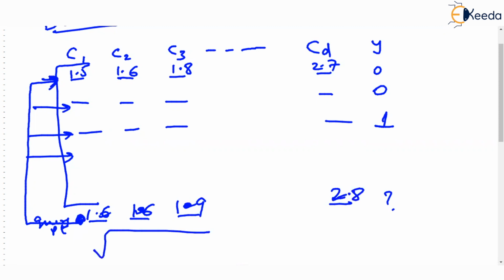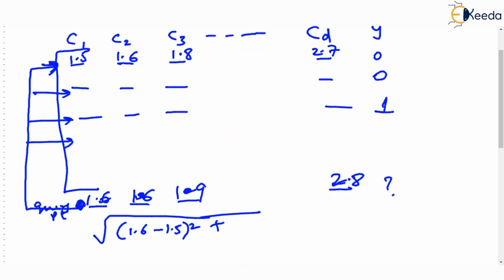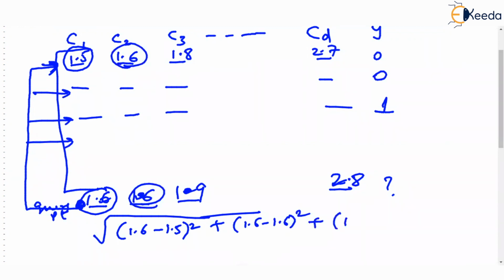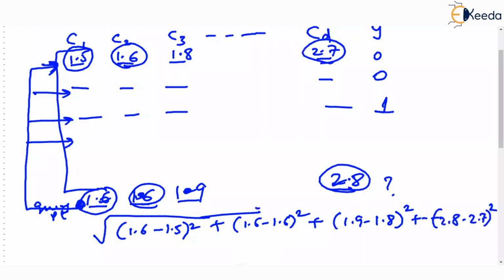It will be the square root of 1.6 minus 1.5 the whole square, plus 1.6 minus 1.6 the whole square, plus 1.9 minus 1.8 the whole square. This goes on up to 2.8 minus 2.7 the whole square, and the whole square root. This will be d1, the distance between the query point and the first point.